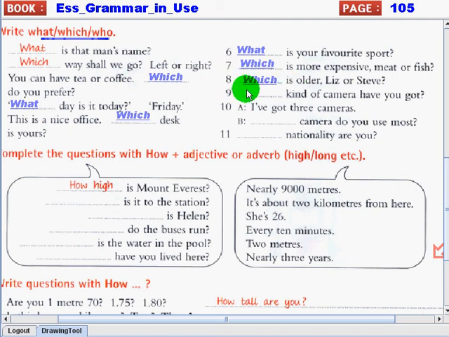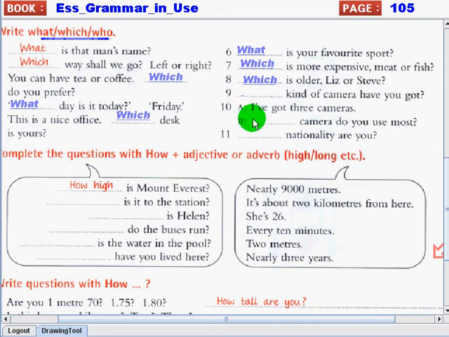If we remember in our previous lesson, which should be followed with a noun, or adjective or adverb, especially in its comparative form. Okay? 9th, blank kind of camera have you got? You're right.